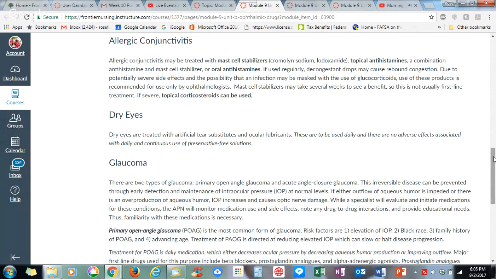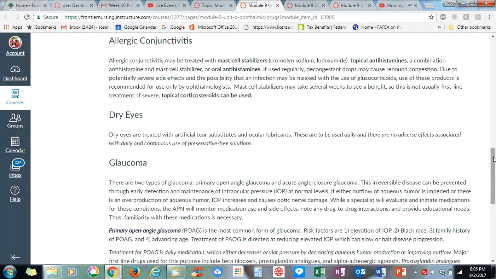Due to potentially severe side effects and the possibility that an infection may be masked with the use of glucocorticoids, use of these products is recommended only by ophthalmologists. Mast cell stabilizers may take several weeks to see a benefit, so this is not usually first-line treatment. If severe, topical corticosteroids can be used.